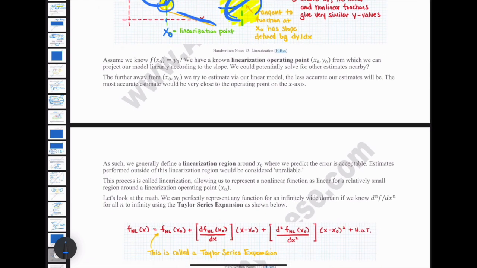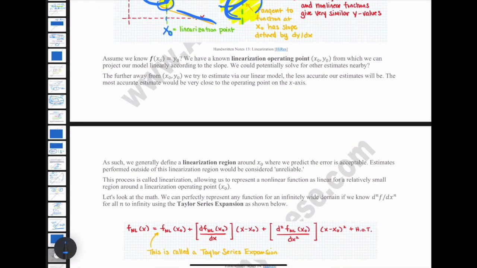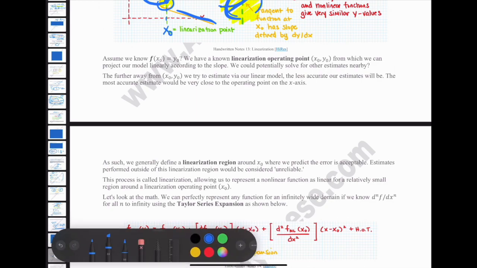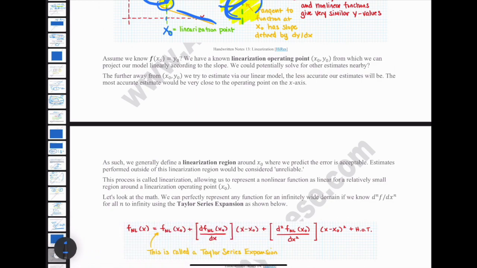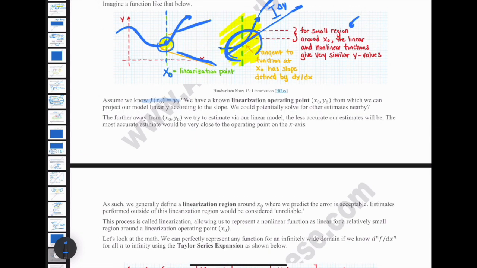So, let's take a look at this in a more mathematical fashion. To perform linearization, we have to assume we know what the relationship is between x0 and y0, right? If we have a defined function, that shouldn't be a problem. We can take our x0 and calculate y0. What is the intersection right here?